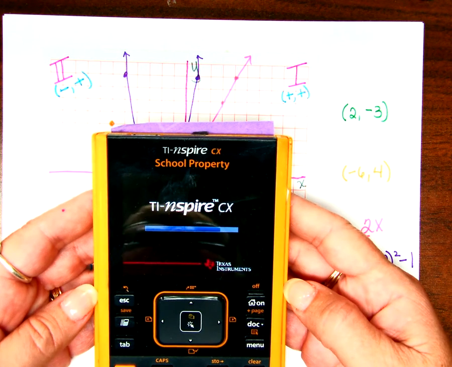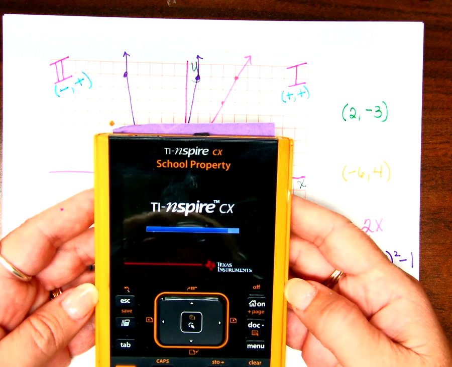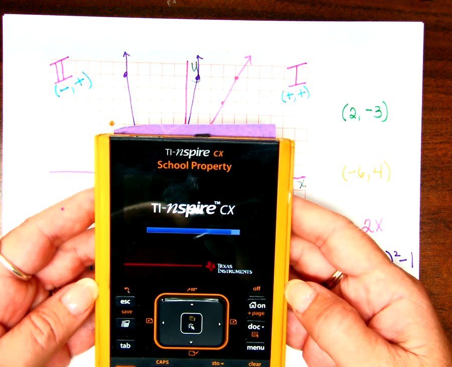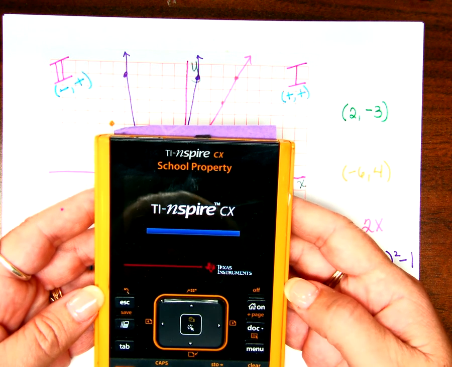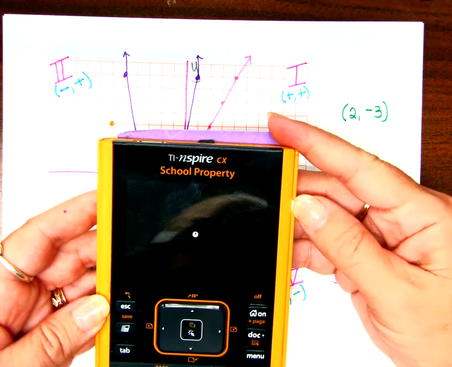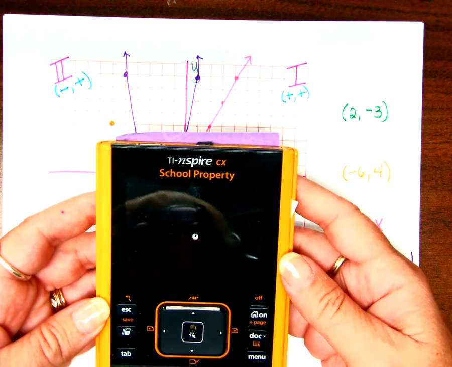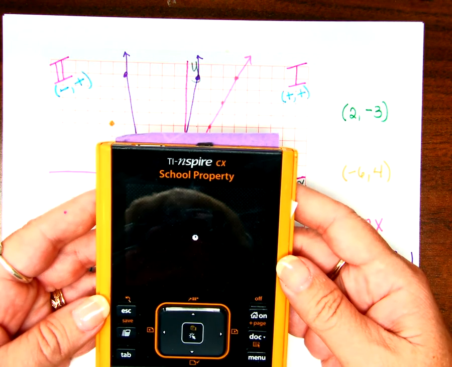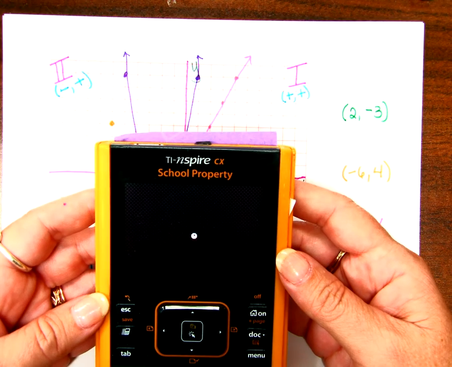Yours is probably already on, isn't it? Sometimes my calculator's a jerk, but I don't want to say that out loud because I don't want it to hear me. Yeah, probably. Sometimes it is, though. But to be fair, sometimes I am. Oh my gosh, can you please come on a little faster? Please, calculator.